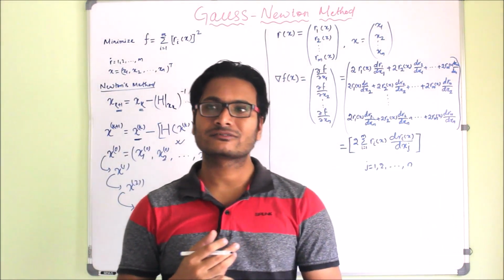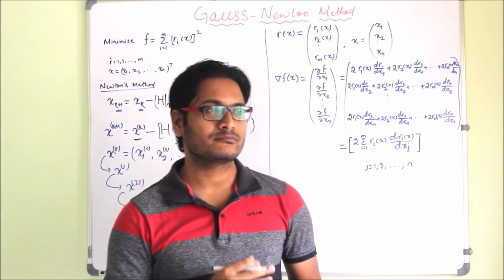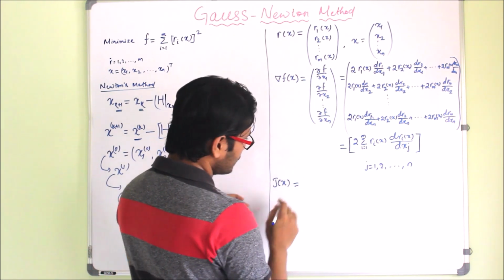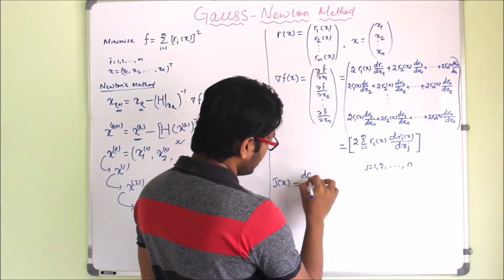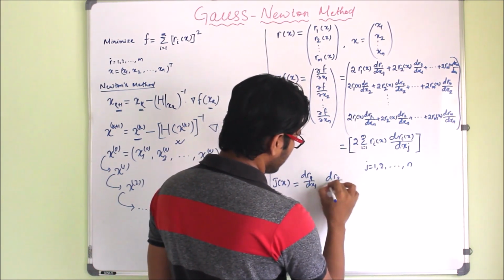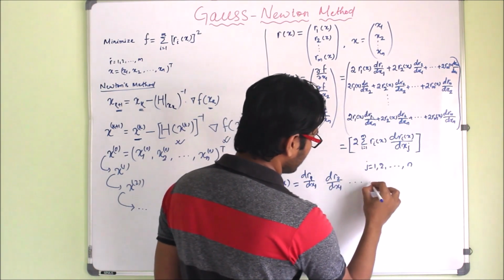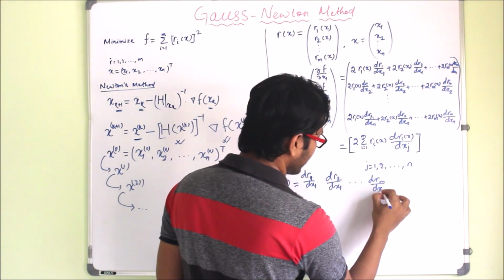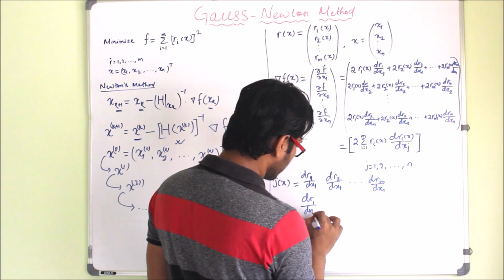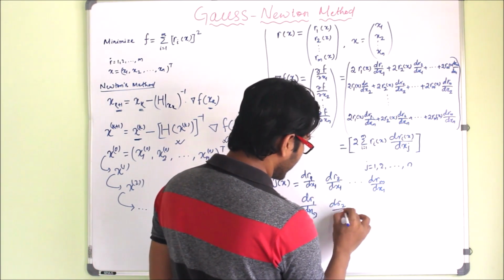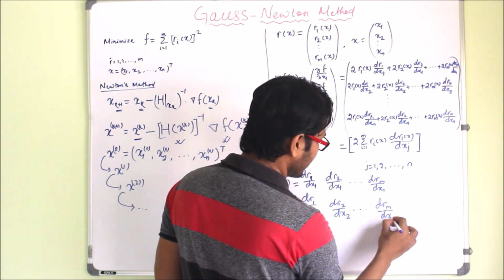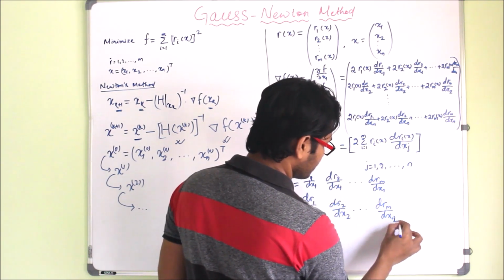Okay, the Jacobian matrix is what? The first partial derivative matrix. So this one is J(x). Okay, so J(x) is what? dr1/dx1, dr2/dx1 and so on, drm/dx1, then dr1/dx2, dr2/dx2 and so on, drm/dx2.